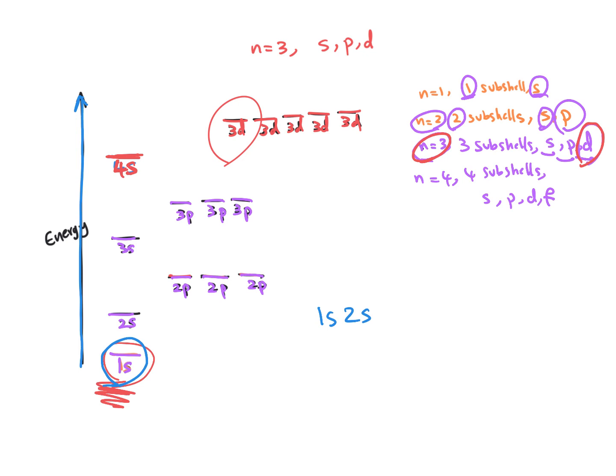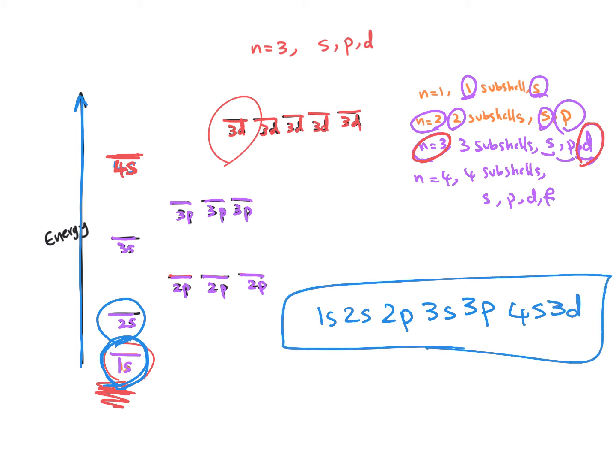So yes, 1s, 2s. But after 2s, which one has lower energy compared to the rest? 2p? Exactly. What after? 3s? 3p? 4s? And then 3d, sorry. Exactly. As your friend said, you look at this diagram and then write these orbitals, exactly as she did.